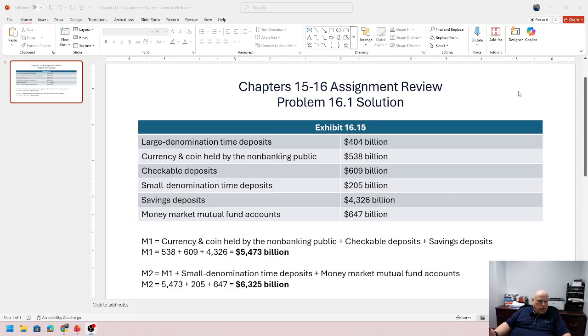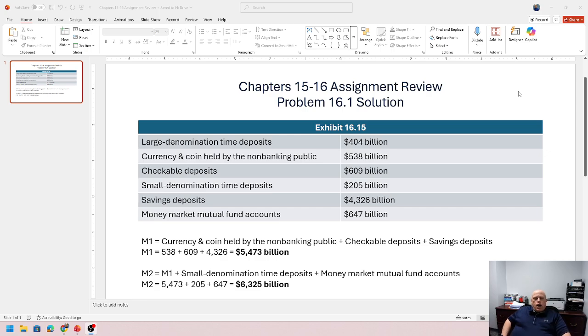For example, different numbers for deposits and currency, savings deposits, money market mutual fund accounts. It gave you all those values in Exhibit 16.15, and then basically all you needed to do was plug those numbers into the formulas.